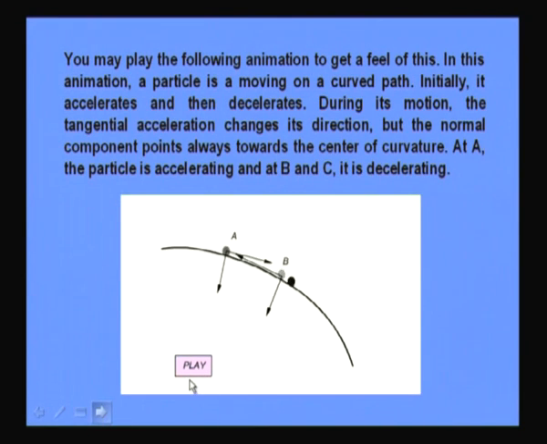To show this point, this animation has been displayed.